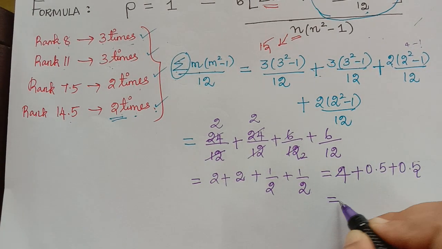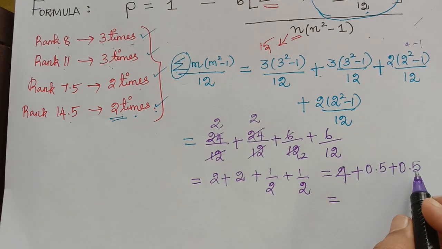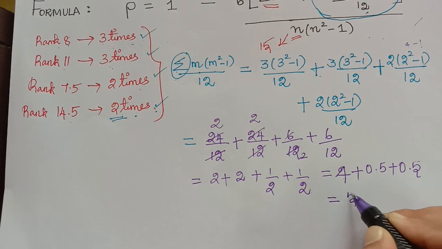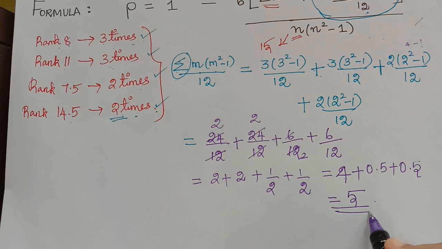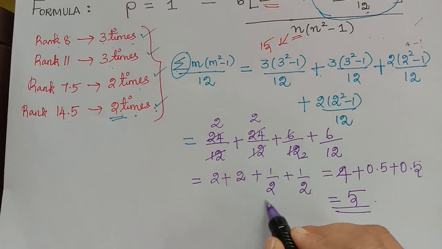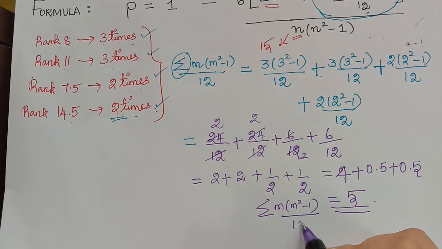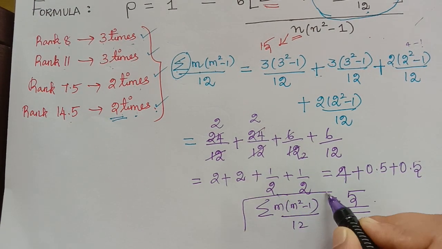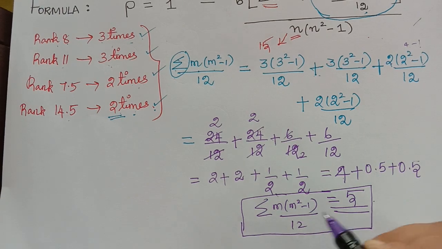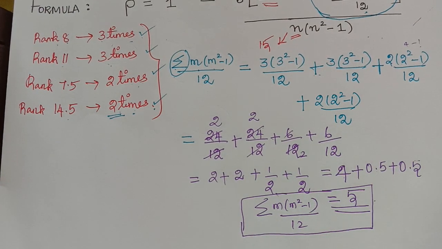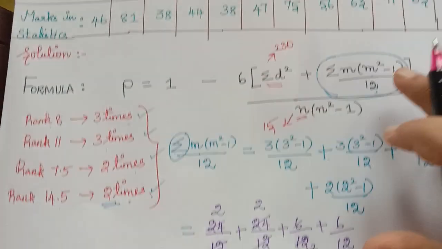So when you add all this, 4 plus 0.5 plus 0.5, you will get 5. And so the correction factor is 5. That is summation m multiplied with m square minus 1 divided by 12, and we have got that value to be 5. So now this value we should take and substitute over here.